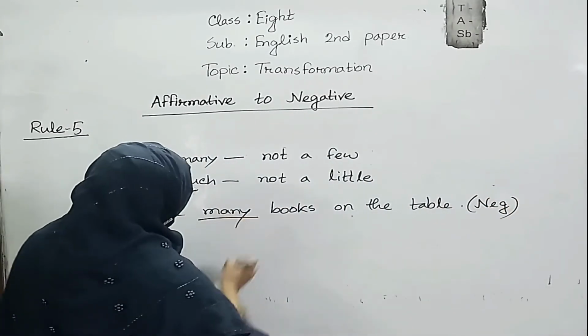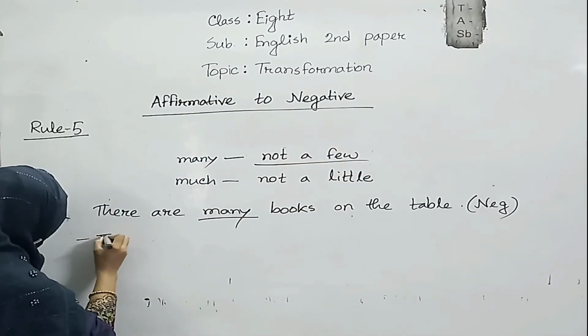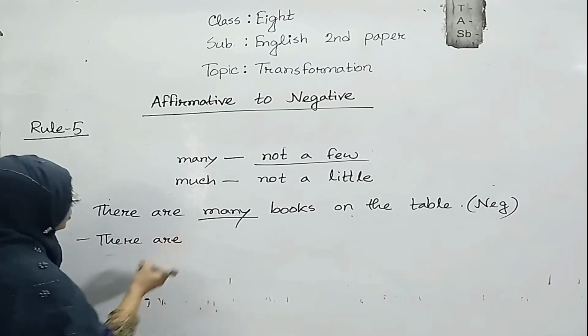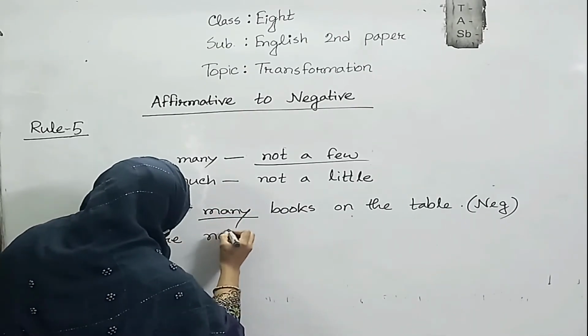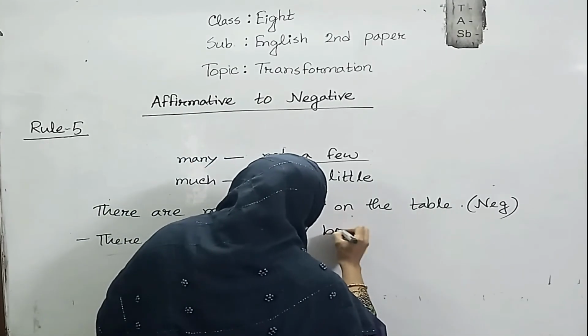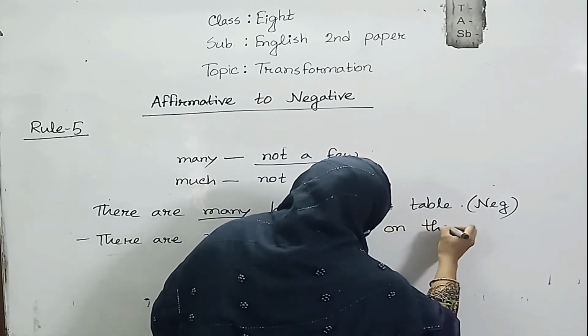For "many", we have to write down "not a few". So the answer is: There are not a few books on the table.